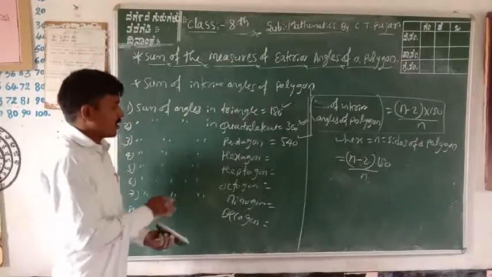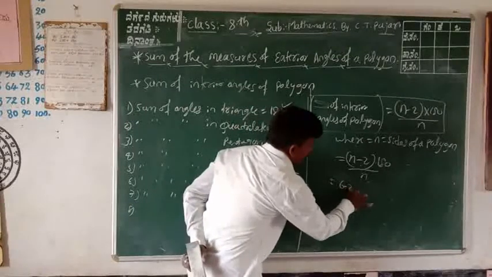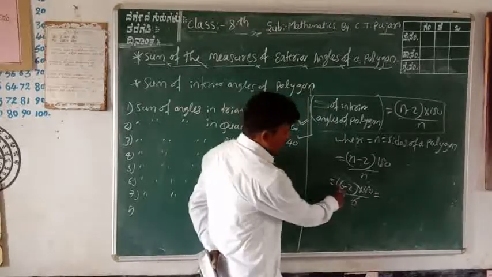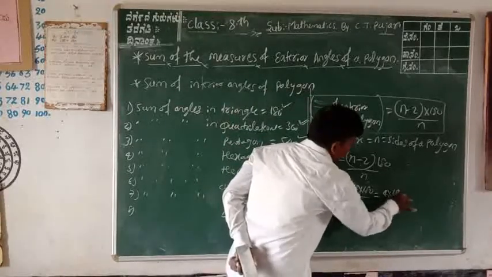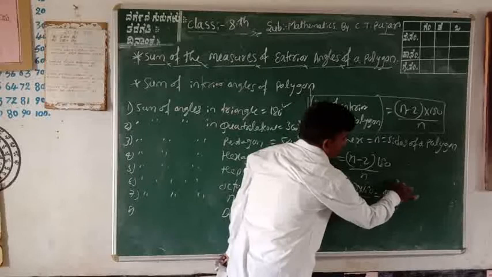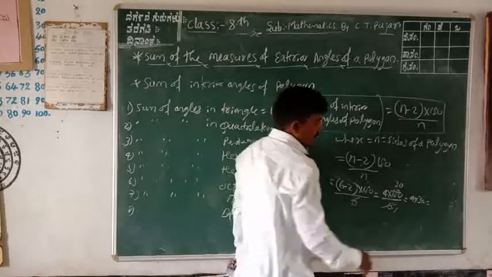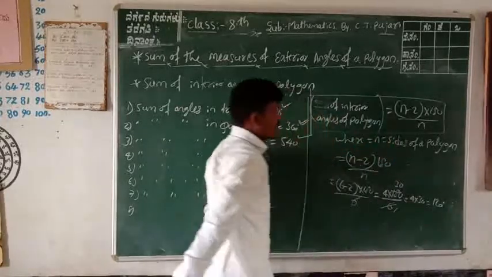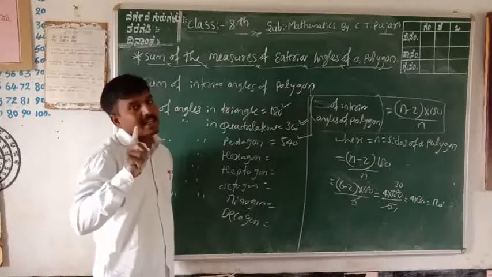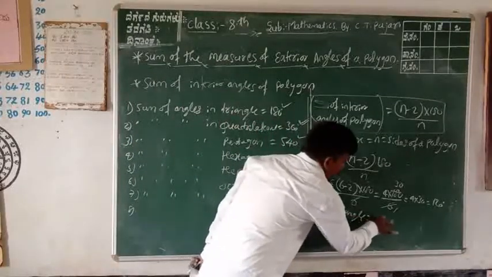Hexagon. How many sides are in a hexagon? 6 sides. Therefore, (6 minus 2) into 180 degrees divided by 6. 6 minus 2 is 4, into 180 divided by 6. Again simplification. 6 thirties are 180. 4 into 30 is equal to 120 degrees. In a regular hexagon, each angle is 120 degrees.